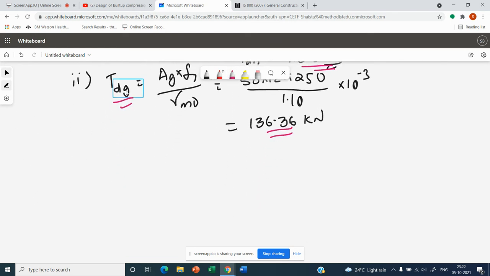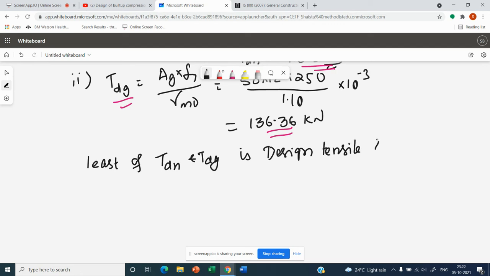Okay. So least of TDN and TDG is design tensile strength. Tensile strength of the lacing flat. Okay.